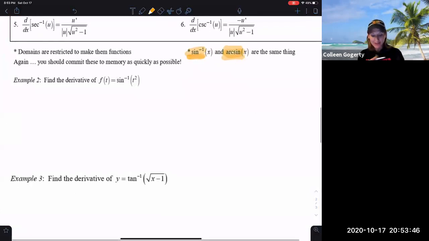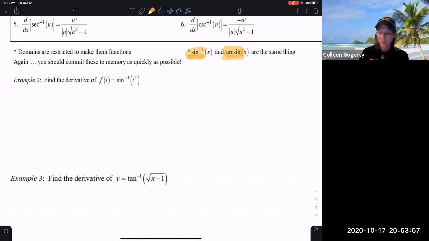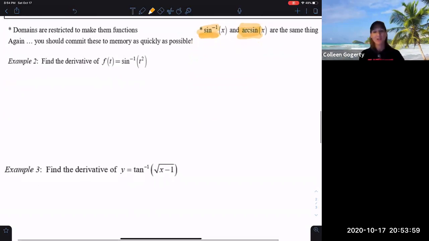So I would like us to go through example 2 and 3 together, and I would like you to try on your own the last one and then come back and check your answer, okay? So for this first problem, find the derivative of sine inverse of t squared, okay? So when we're finding the derivative, remember we're using the chain rule.